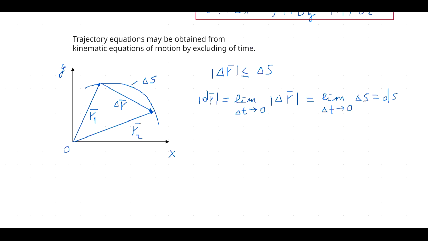The motion can also be described with average velocity or average speed. Average velocity, what is this? Average velocity is v.